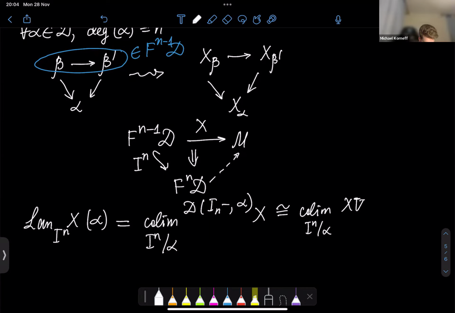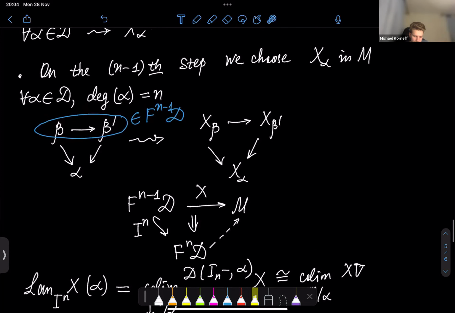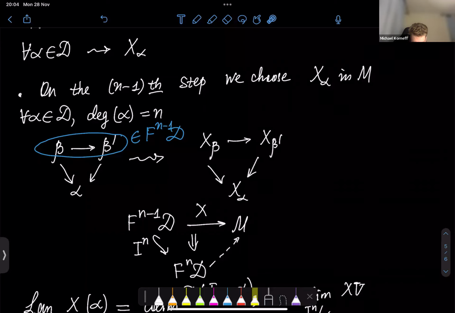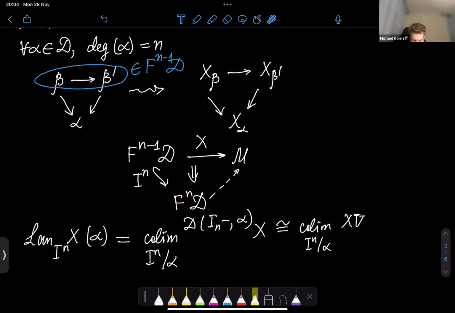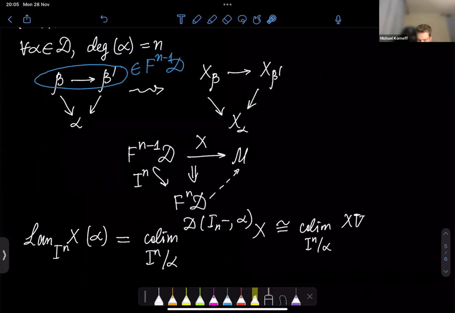Okay, and now we will obtain that to choose the objects is the same as to choose the meaning of the left Kan extension of x along I on the object alpha. These things are equivalent.